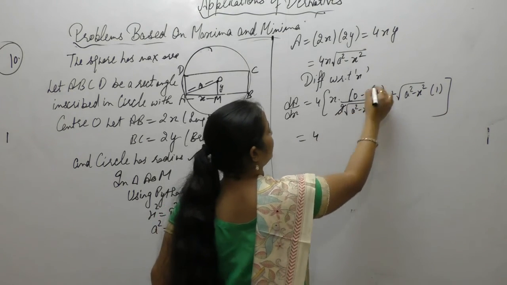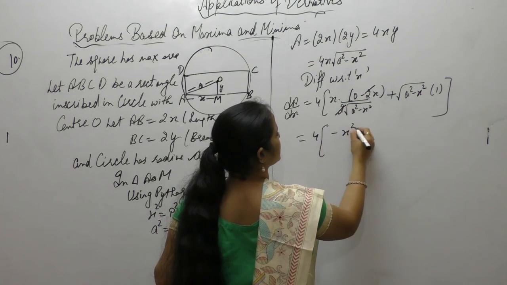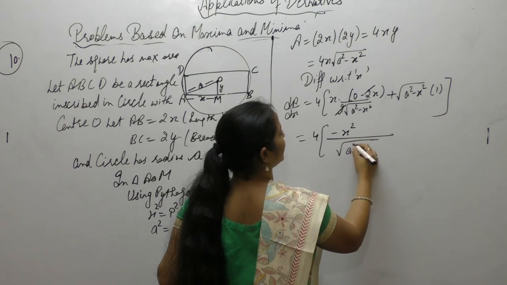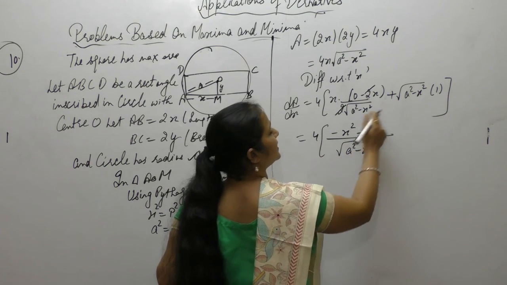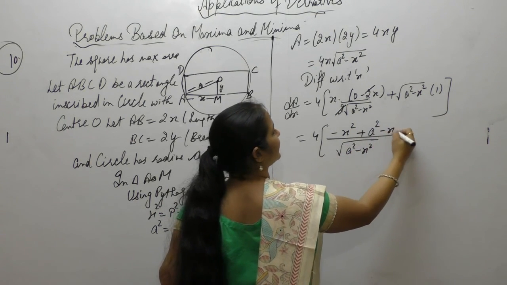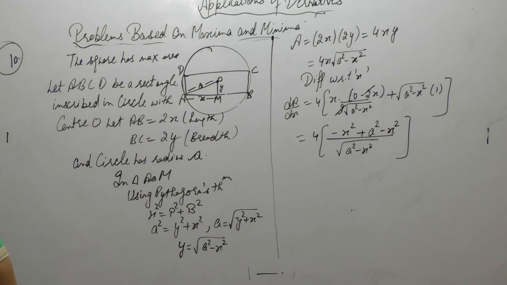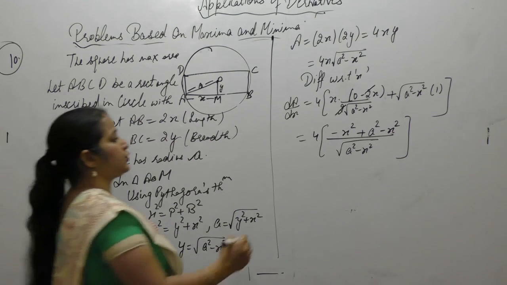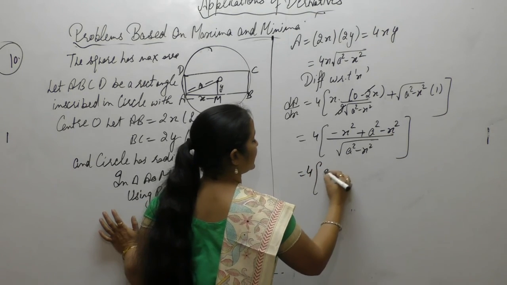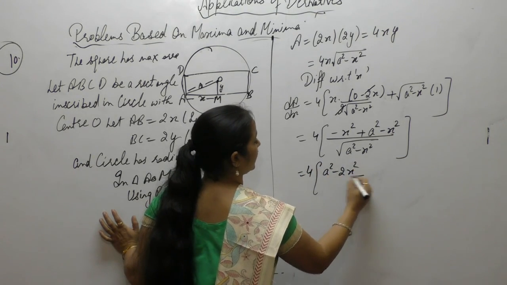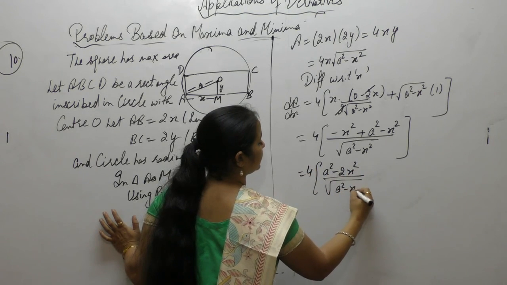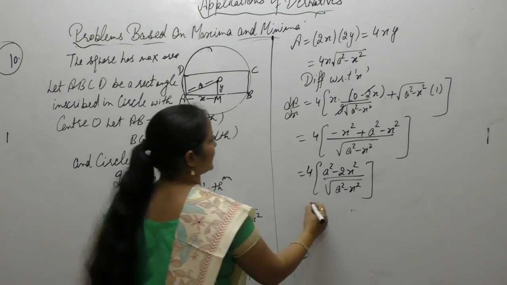So what we get? Minus x square. Take the LCM, a square minus x square. The square root will get cancelled here. We get this term: 4 into (a square minus 2x square) upon the square root of a square minus x square.